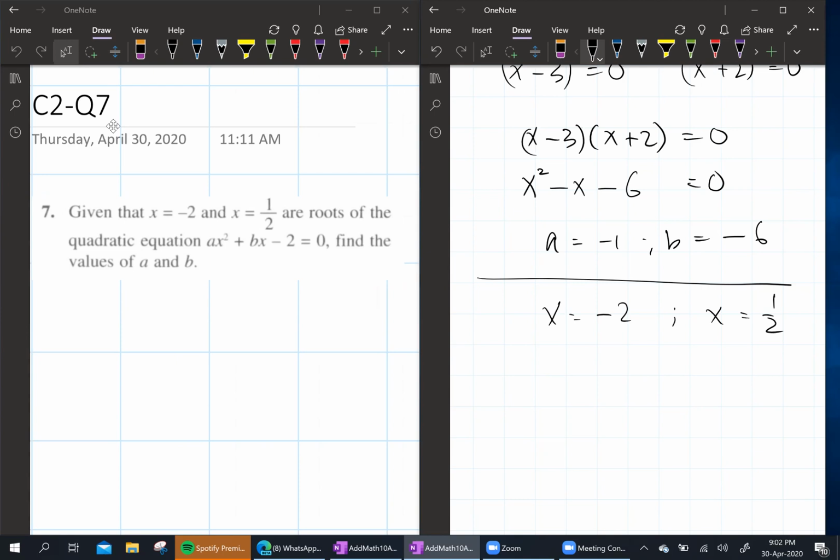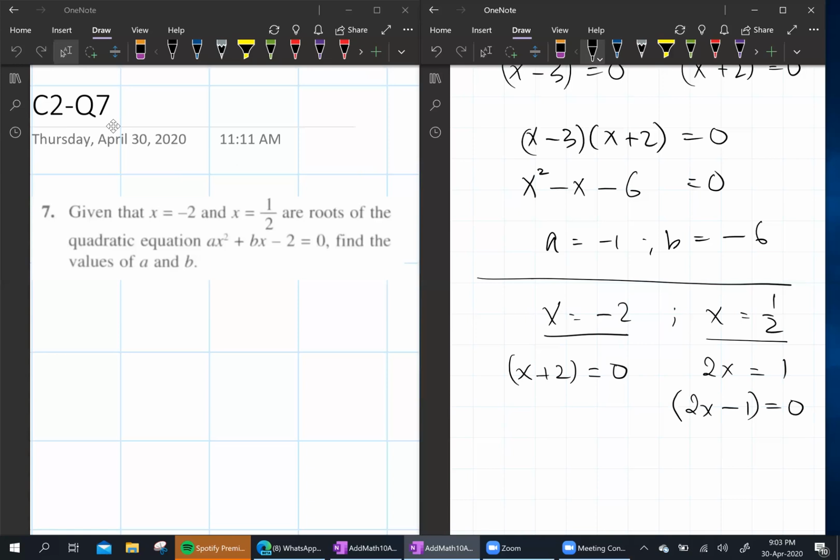Not correct. From here, it is x plus 2 equals to 0, isn't it? You times both sides by 2, you get 2x equals to 1. Then 2x minus 1 equals to 0.